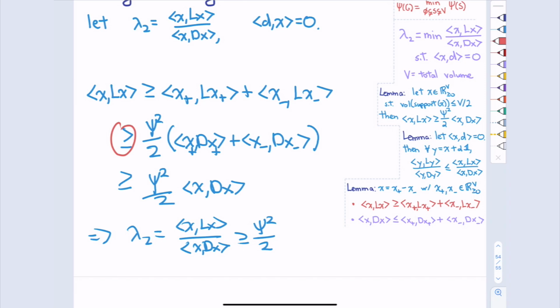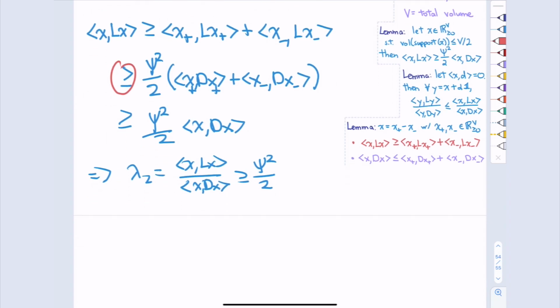We can shift. Okay, so we're going to let y equal x plus alpha times the all-ones vector, such that the volumes are good.